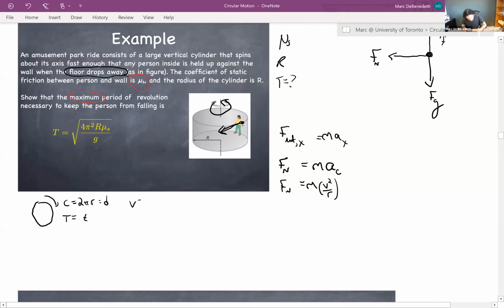So v is going to equal d over t, which is 2 pi r over the period. So there we go. This is going to be mass times v squared, 2 squared is 4, pi squared is pi squared, r squared is r squared, over period squared times r. Simplify a little bit here.